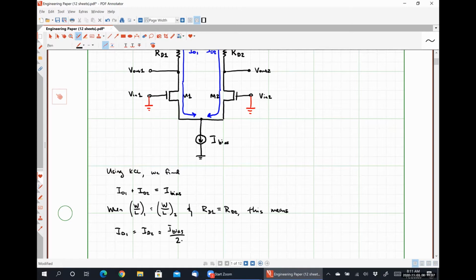And again, this is under the supposition that our voltages VIN1 and VIN2 are still grounded, or identical, really.